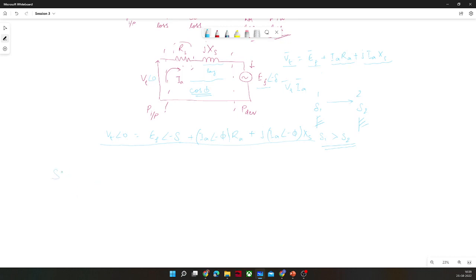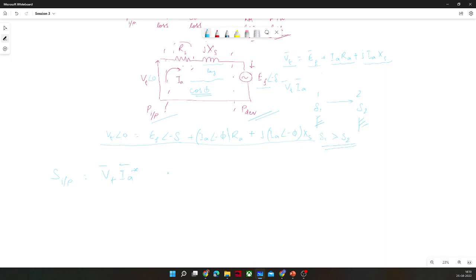In a motor we generally deal with input and developed power, because after developed there is another level based on mechanical. Either that data would be given or it would be ignored, so we do not have to worry about the mechanical domain. So let's take input apparent power. That would be Vt Ia conjugate. So this is the apparent power input.